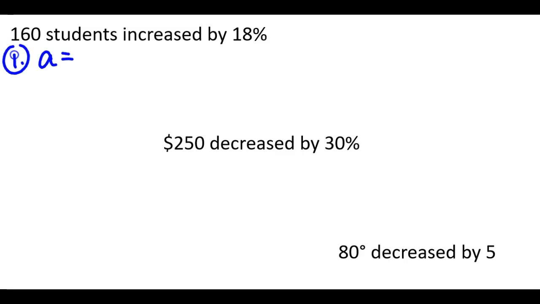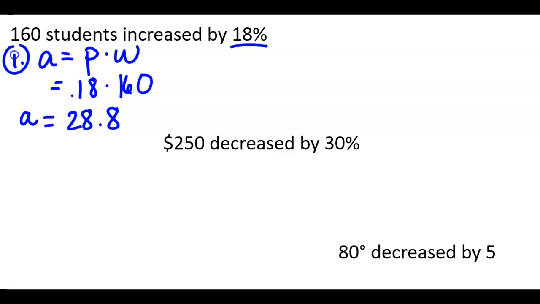Okay, so step 1 is to find A. I prefer to probably use the equation, but you could do the proportion here. So the equation says P times W. So I'm just going to take my percent as a decimal, multiply it by my whole, and see what I get there. Go ahead and type that in, or you can see we would get 28.8.